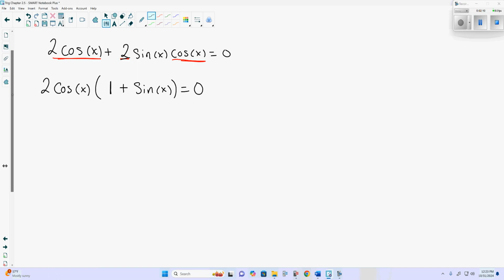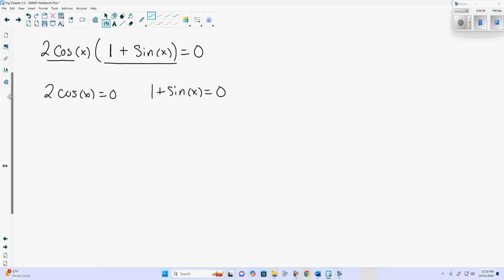Now at this point here, we do have 2 things multiplied together to equal 0. So either 2 cosine of x is equal to 0, or our 1 plus sine of x is equal to 0. One of these 2 has to equal 0. Now for our 2 cosine of x, well, we can divide both sides by 2, telling us cosine of x is equal to 0.